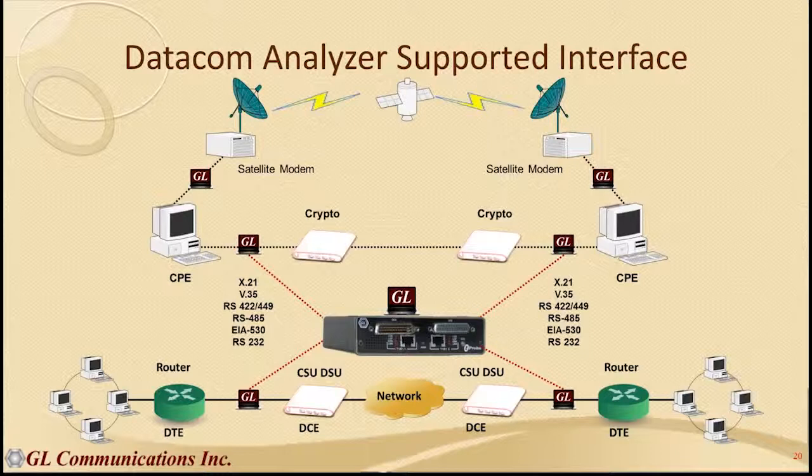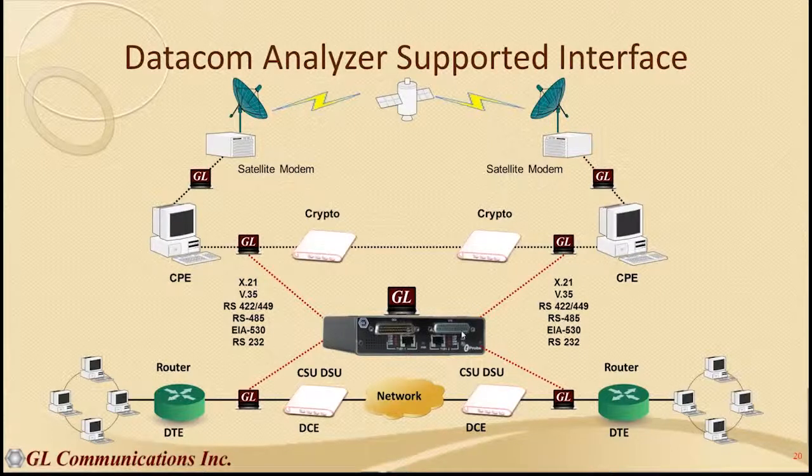In asynchronous, we support from 300 bits per second to 115.2 kbps. And in the synchronous rates, those are the rates that the legacy synchronous protocols are using. There I think we go up all the way to 16 megabits per second for the Datacom interface. And many of the applications that we have for T1E1 are applicable to the Datacom interfaces.